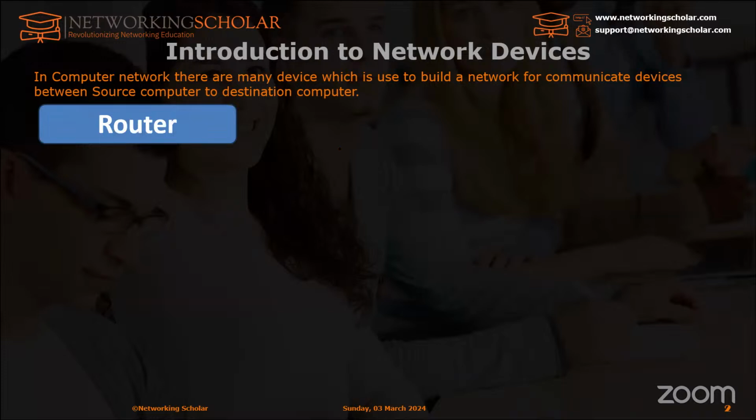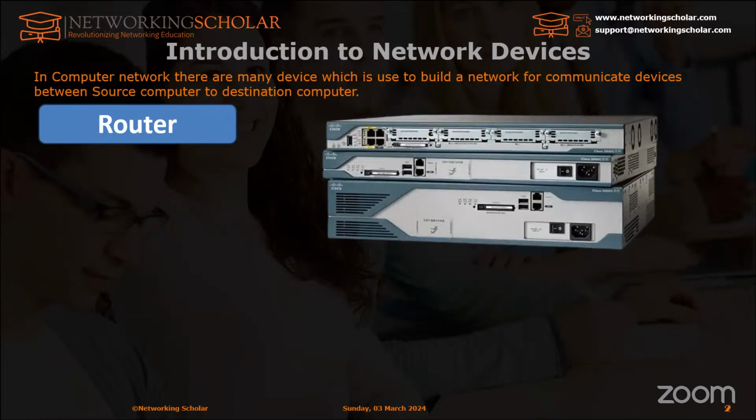So as you can see, this is an image of a physical router. Here you can see the interface, and this is the make and model. Here you can see the model number, this is the switch button, this is the power cord slot, this is NVRAM.